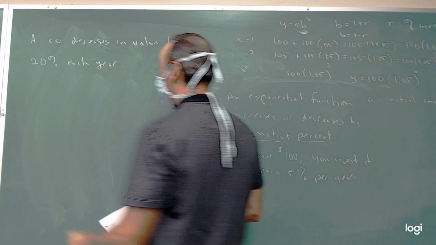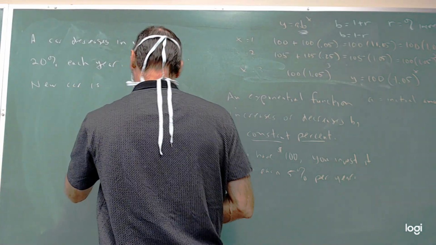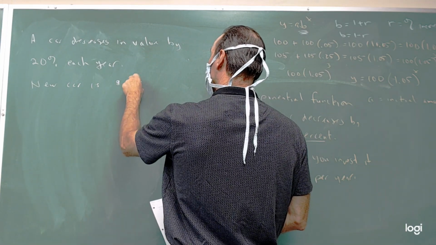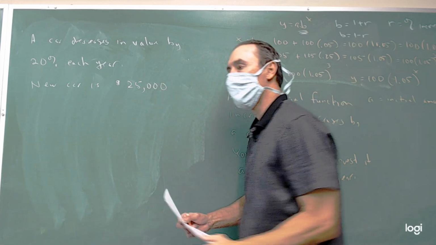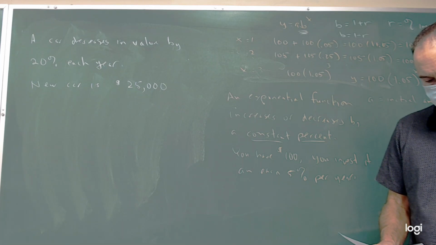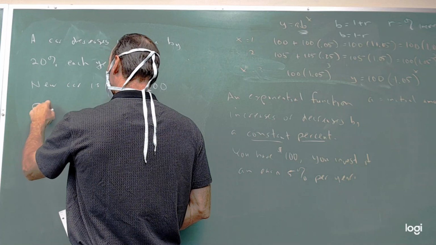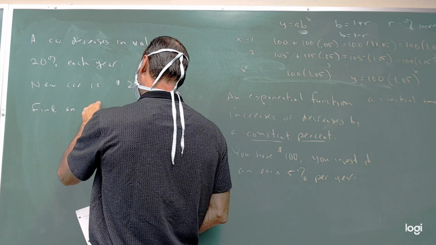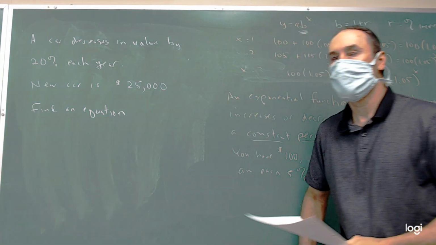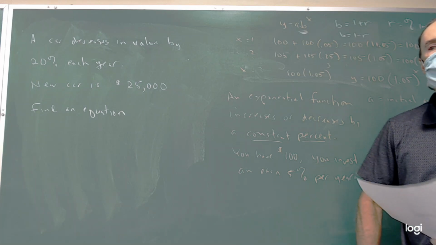So a new car, we'll say a new car is $25,000. Maybe it's a new used car. I don't have to buy a new car. So can we find an equation where y is going to be the value of the car, and do you want to use t or x for the time?